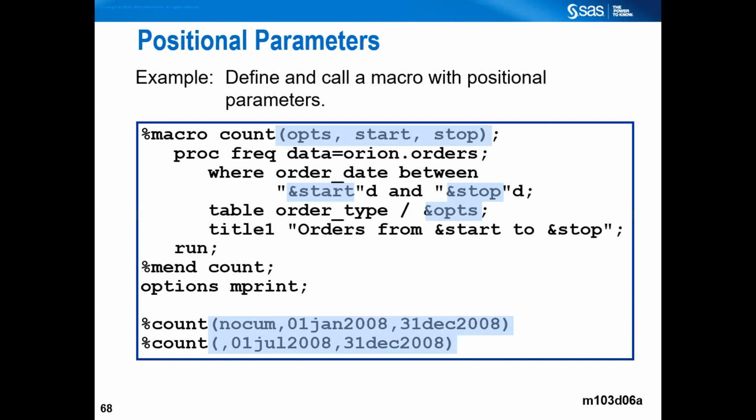So this is the positional parameter. You have to be very careful while calling it with its position. See here, you are not calling it with any value. So define and call a macro with positional parameters. You are defining it with parameters opt, start, stop. Within your program, you're writing a frequency procedure with start, stop, opt.